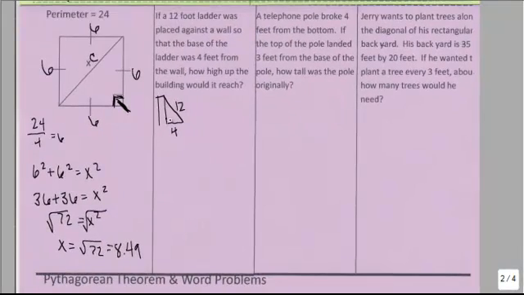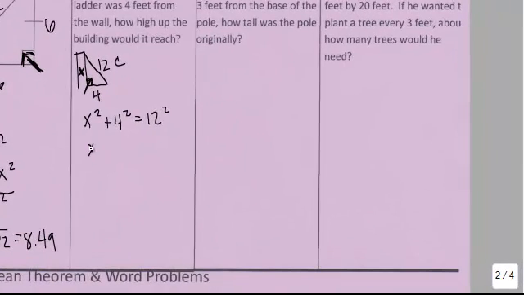And since the building always hits the ground at a 90-degree angle, otherwise your building would fall over. 12 is my C. We don't know what this side is, and it could be A or B. So x squared plus 4 squared equals 12 squared. 4 squared is 16. 12 squared is 144.